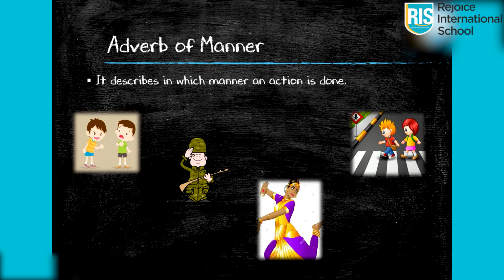What is the verb over here? Talking. How are they talking? Loudly. Is it answering the question how? Yes, they are talking loudly. So this becomes adverb of manner. Loudly over here is answering the question how they are talking. So it is adverb of manner.